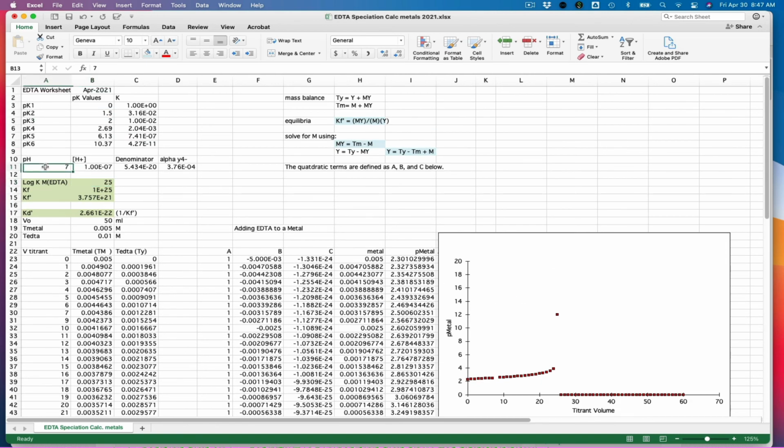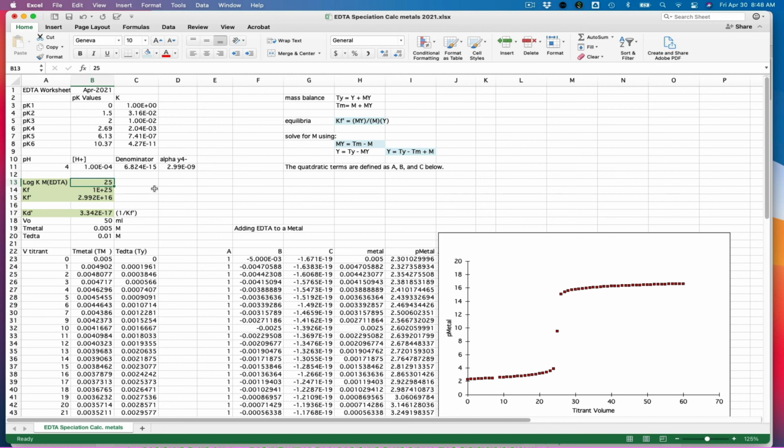So we'll just make the pH a little lower. There we go. And so I get my curve. So if you make the log K too big, you've got to play a couple more tricks algebraically in order for Excel to be able to calculate the quadratic effectively. Welcome to the real world here.